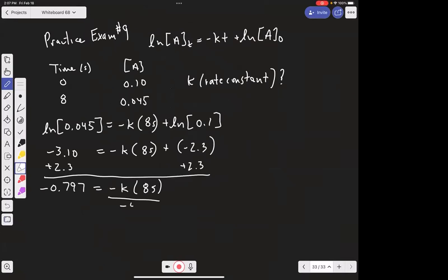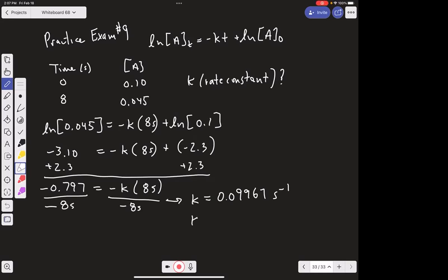All right, so divide that by negative 8 seconds, divide that by negative 8 seconds, and I get a rate constant of 0.09967 inverse seconds. It's a first order reaction. The rate constant for a first order reaction should be inverse seconds.